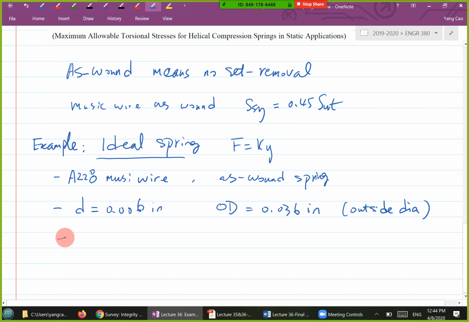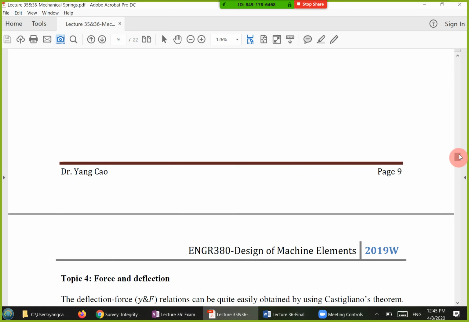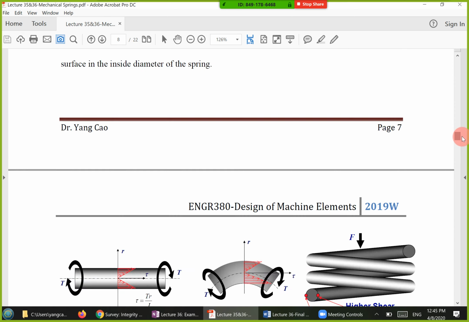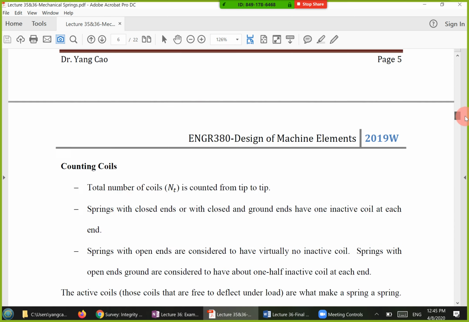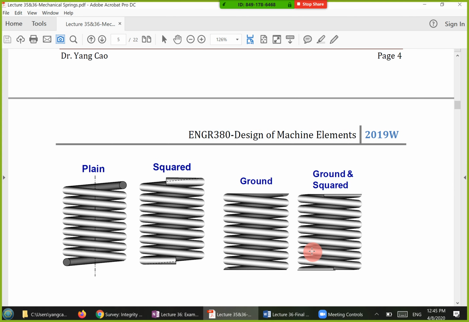The ending type of the spring is square and grounded ending. Okay, so in this question, it specifically tells you the ending type of the spring, right? Now, I do need you to be able to identify yourself what type of ending the spring has. These are the pictures in the lecture notes, so you can use them for reference to different types of ending.